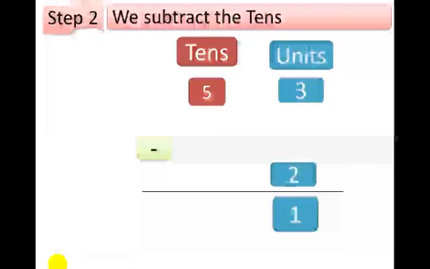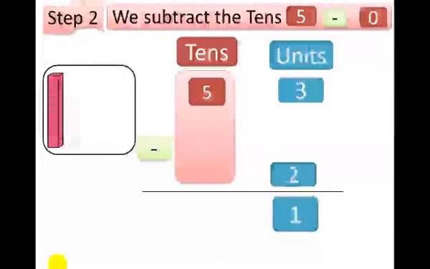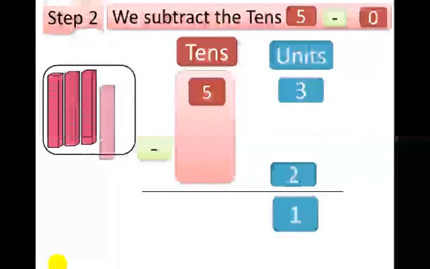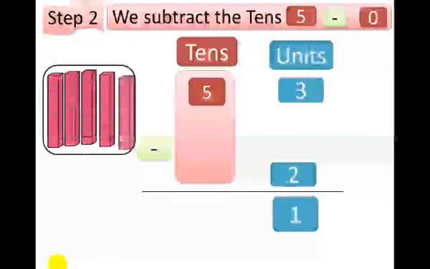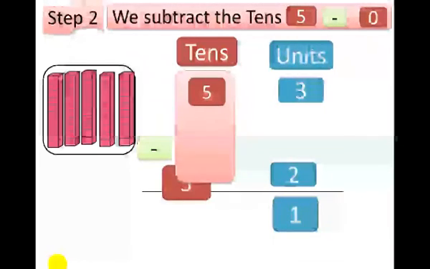Remember, I told you 0 means nothing. 5 tens minus 0 equals 5 tens.